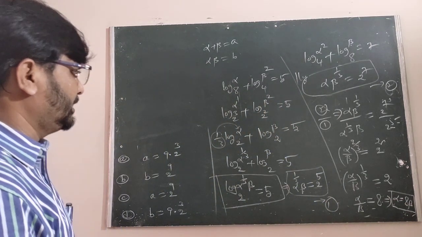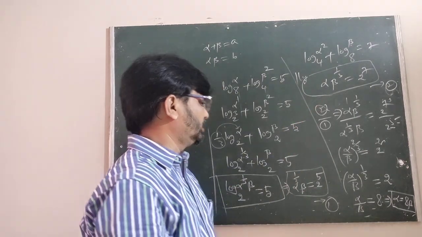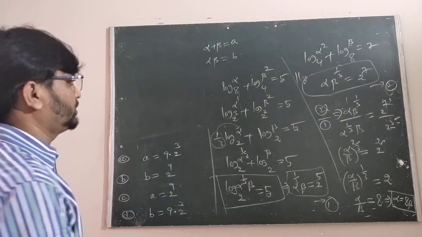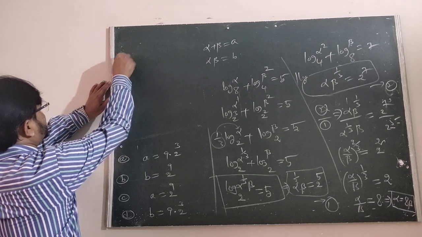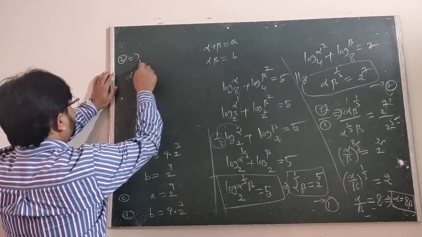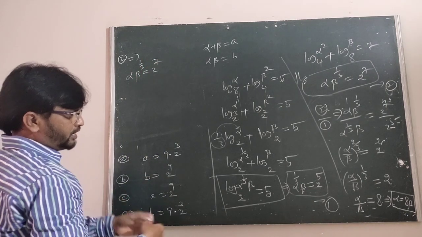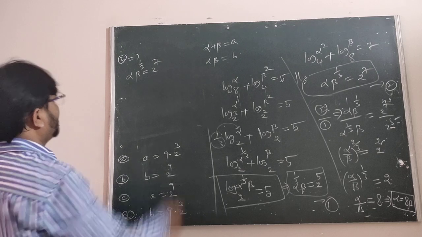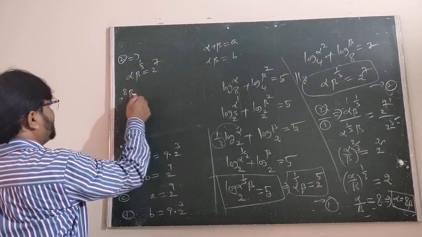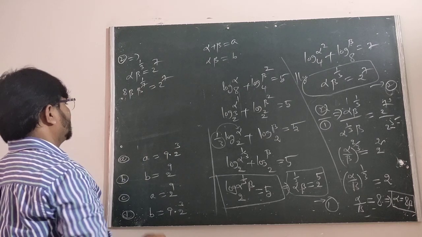Therefore, now we can take either equation 1 or equation 2. Any one of the equations, suppose we take equation 2. What is equation 2? Alpha into beta power 1 by 3 equal to 2 power 7. What is alpha here? 8 beta. So 8 beta into beta power 1 by 3 is 2 power 7.